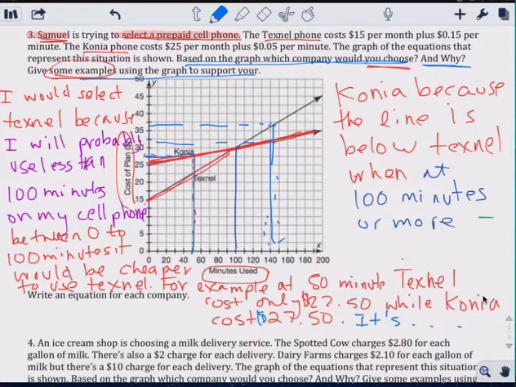So make sure you explain by giving some examples. Okay?